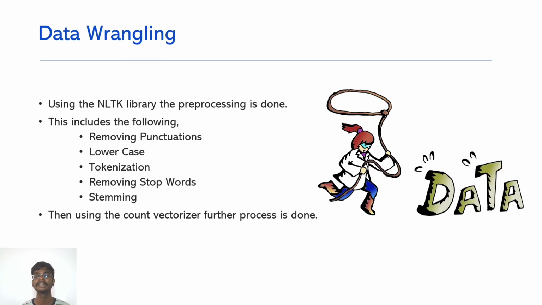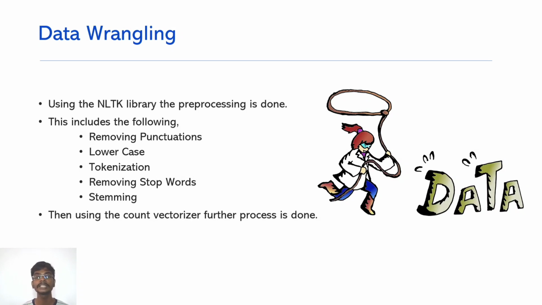If all the letters are written in small case, or lowercase, the computer will identify these two as separate words: data wrangling with capital letters as one word, and data wrangling with lowercase letters as another word. So it's not a good practice, right? We'd be putting more stress on the system. To avoid it, we have to convert these letters to lowercase.